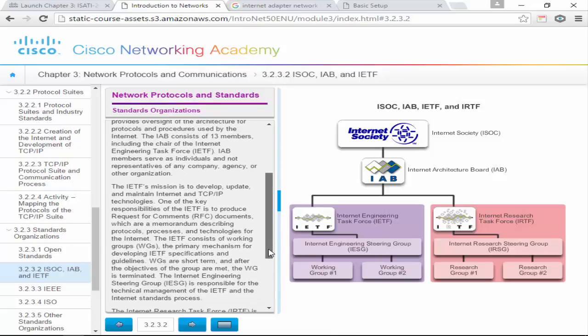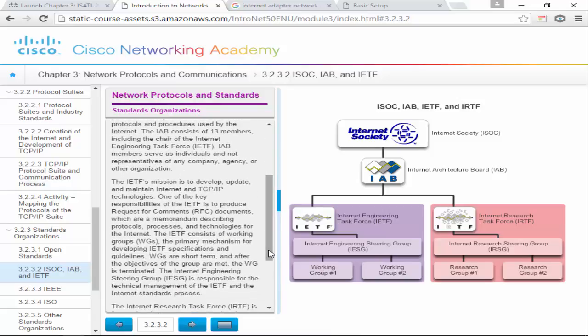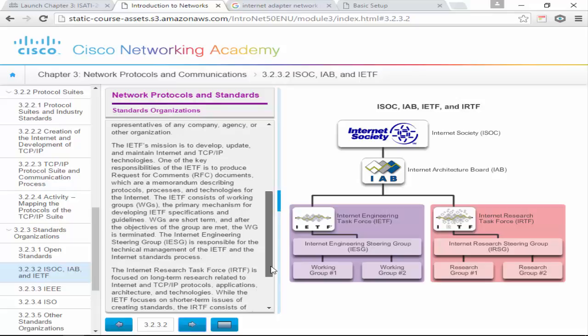The IETF's mission is to develop, update, and maintain Internet and TCP/IP technologies. One of the key responsibilities of the IETF is to produce Requests for Comments, RFC documents, which are memoranda describing protocols, processes, and technologies for the Internet. We'll call that one good.